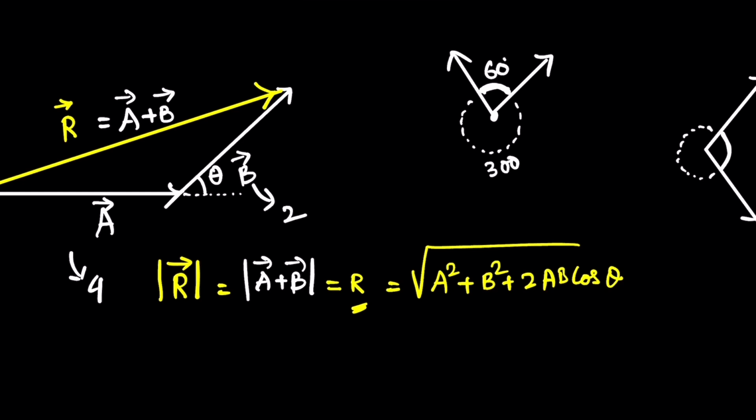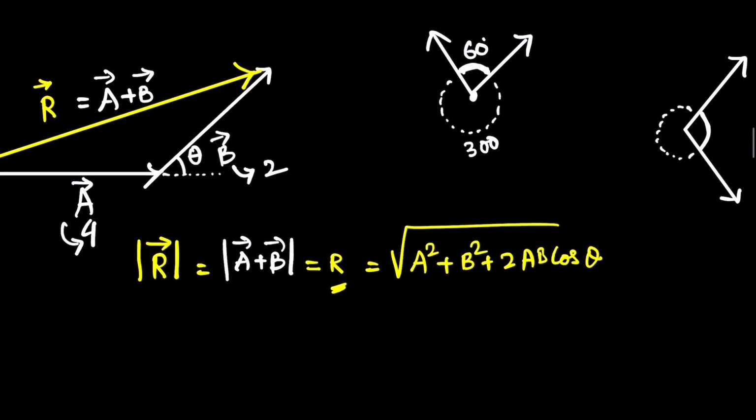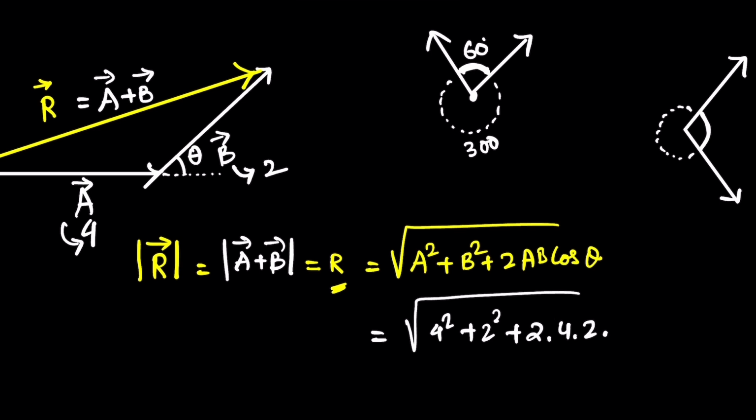Let's say the value of the A vector is 4 and the value of the B vector is 2. The formula is the square root of A squared plus B squared plus twice AB cos theta. So 4 squared plus 2 squared plus twice 4 into 2 cos theta.